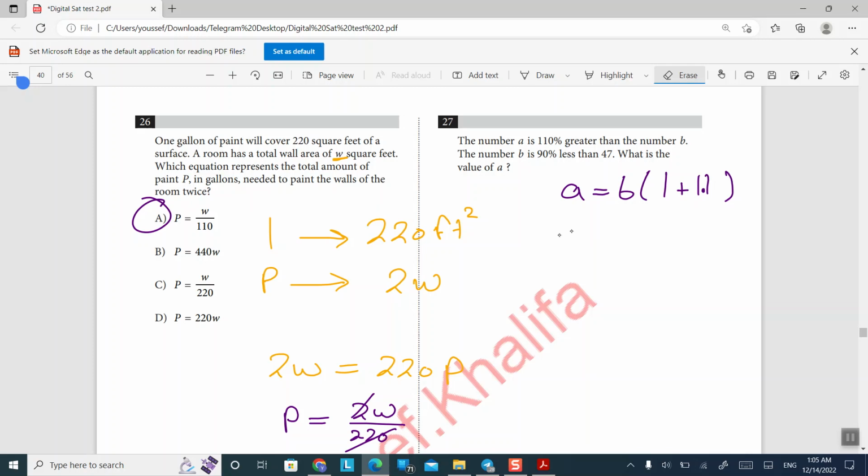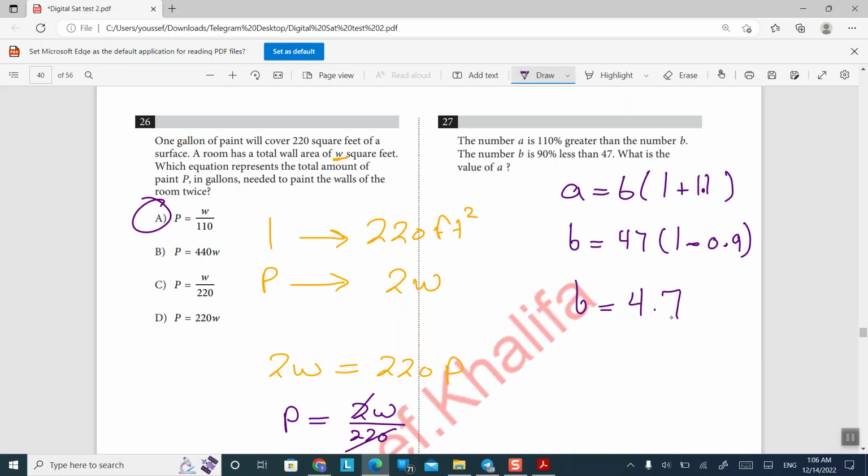So B is equal to 47 times (1 minus 0.9). Using a calculator, we find that the value of B is 4.7.